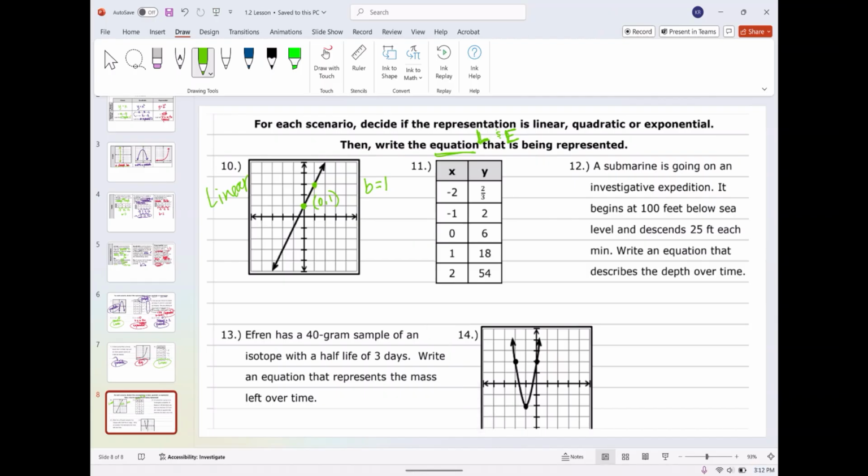So I'm going to find another point on the graph, and we rise 2, and we run 1. And it has a positive slope here. So our slope is going to be 2 over 1, or just 2. So the equation of our line, remember we're using y equals mx plus b, is going to be y equals 2x plus 1.